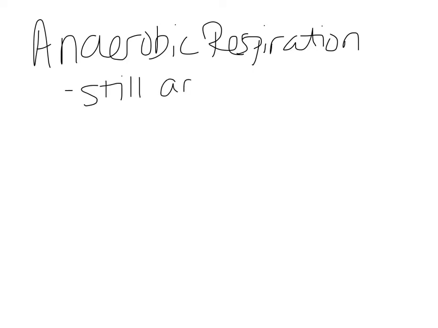Okay, so first let's look at the difference between the two of these. So the first one, let's look at anaerobic respiration here. Okay, so anaerobic respiration is when there is still an electron transport chain. The difference is the final electron acceptor is not oxygen.